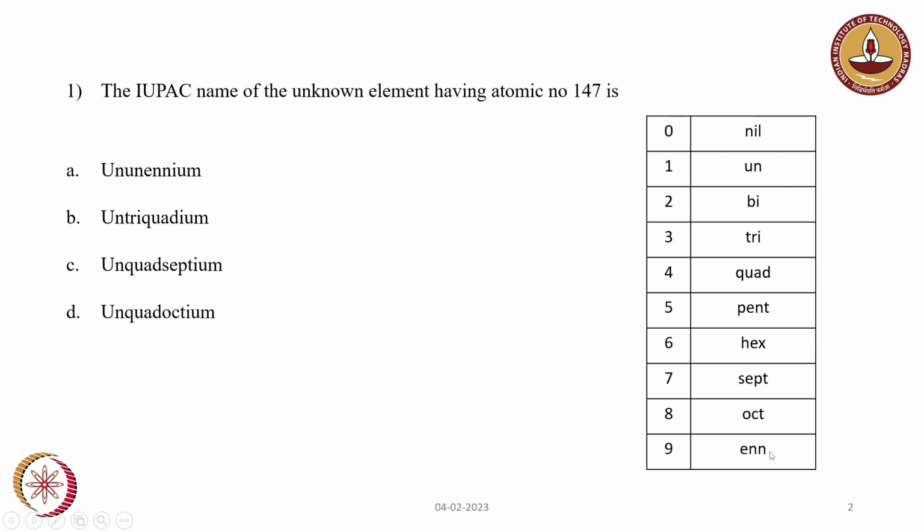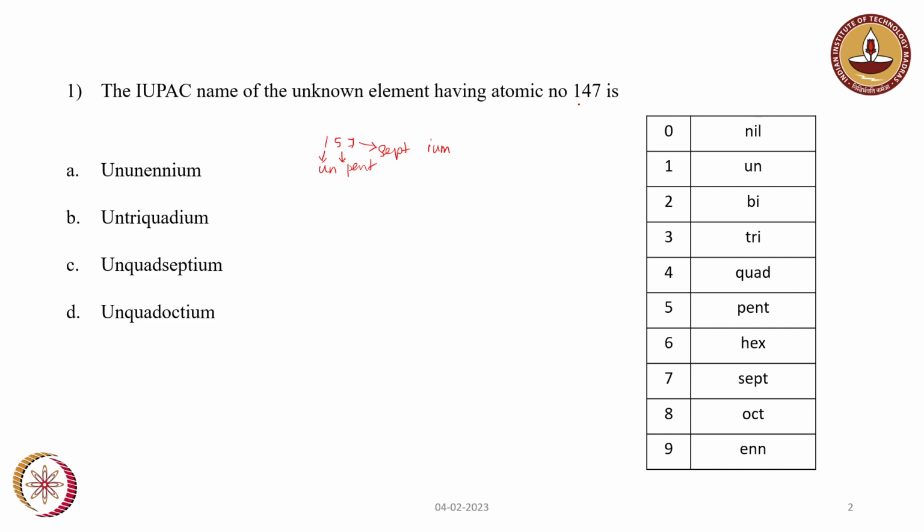As an example, if we have an element like 157, it will be 1 is un, 5 is pent, and 7 is sept. And at the end of it, you will have to write ium.